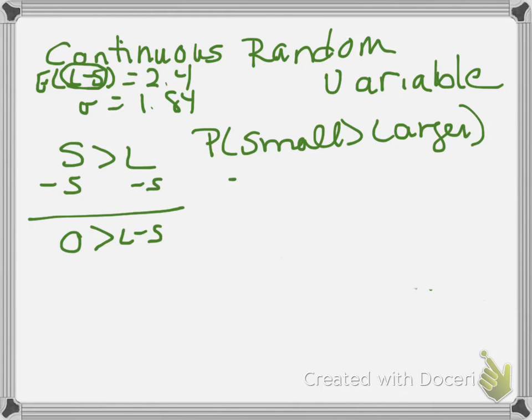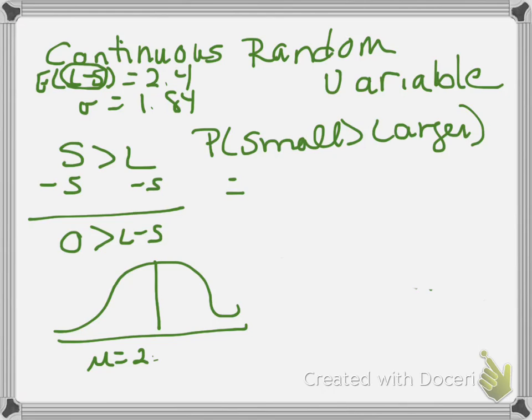Okay, so let's go do a normal distribution. All right, my mean is 2.4. My standard deviation is 1.84, and I have 0.